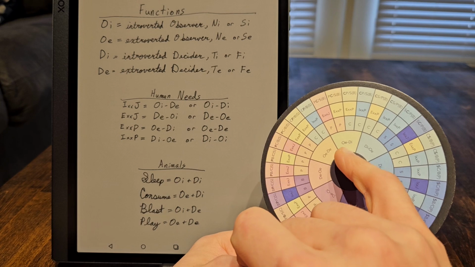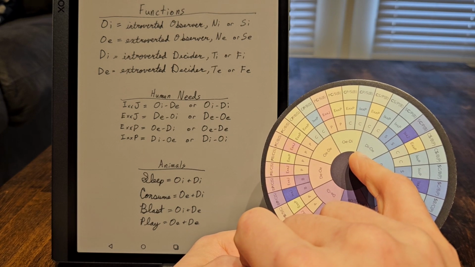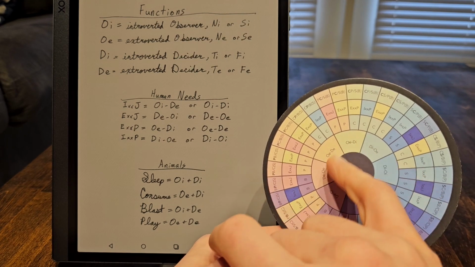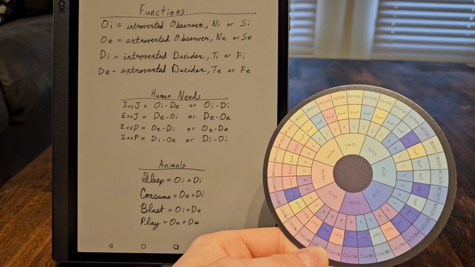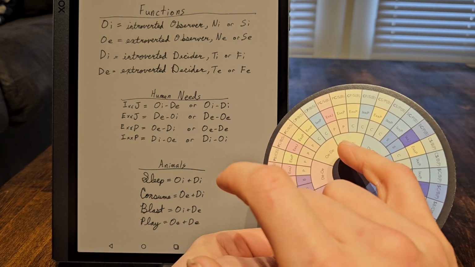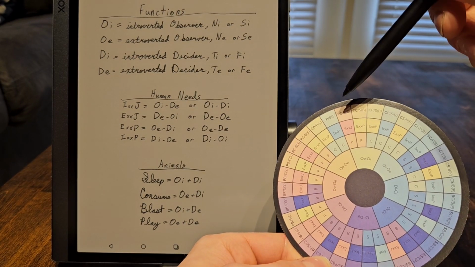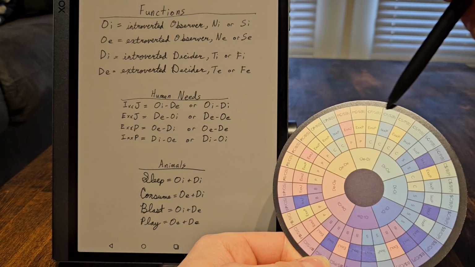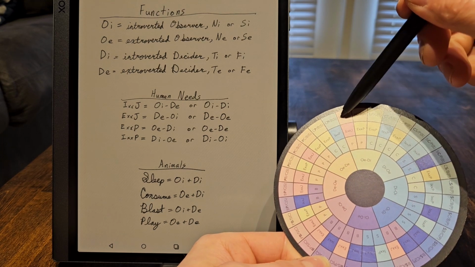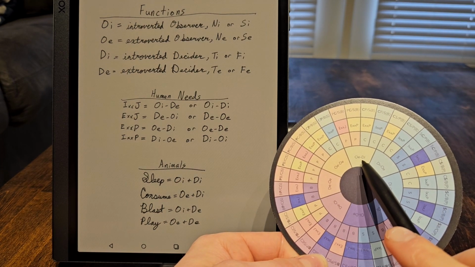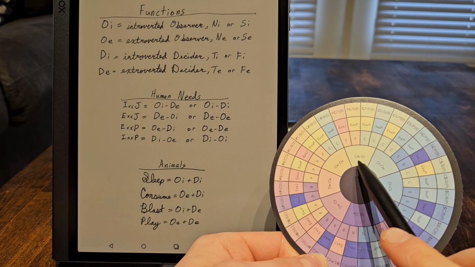And you can see that on this ring, which is function activation, that's one you really want to keep track of because I didn't write it down here, but this internal ring represents function activation, which just means that any of these types, for example, in this triangle, this little slice of the pie, any of these types are going to have highly activated OE and highly activated DI.